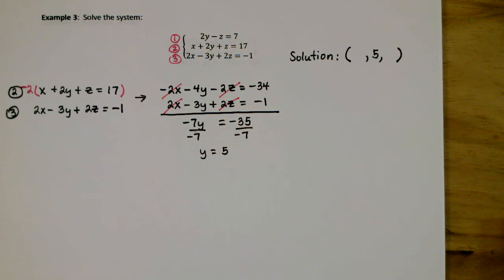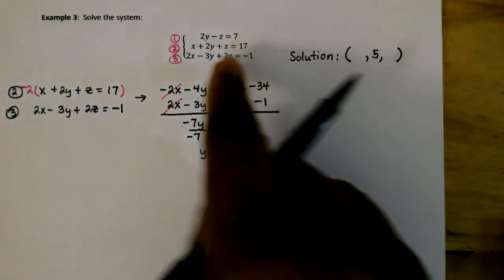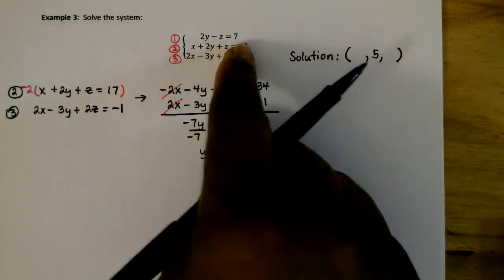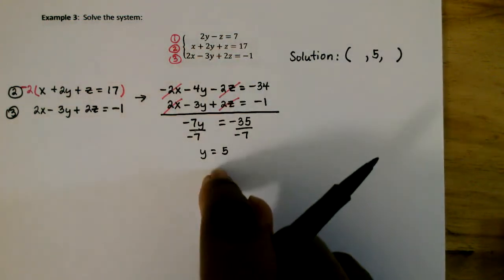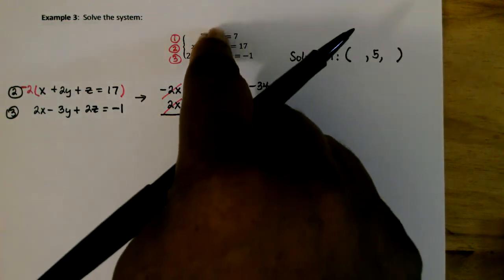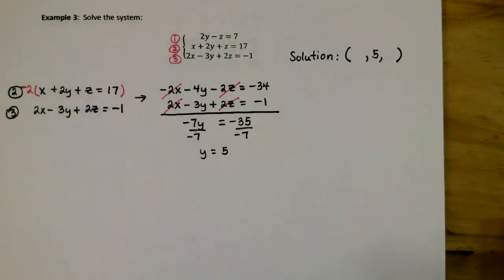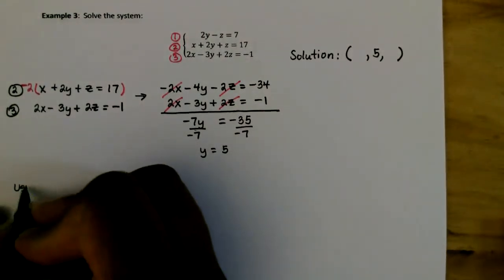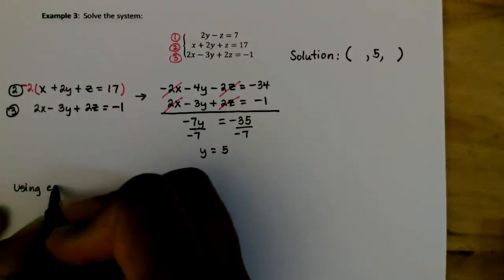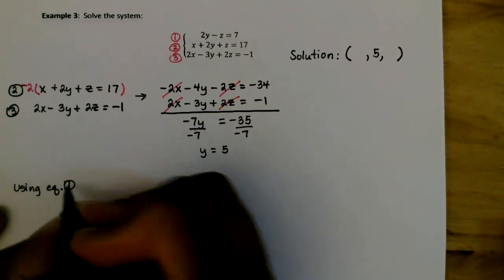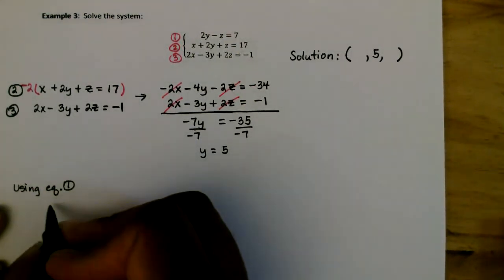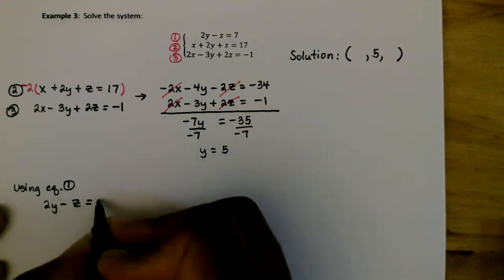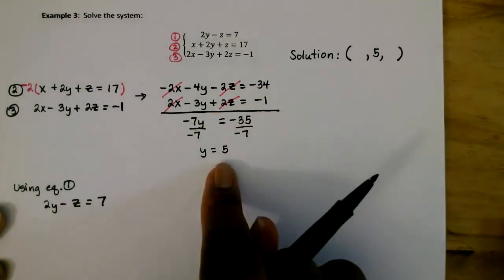Let's find out what z is going to be. Notice equation 1 is in terms of y and z, and I found out what y is. Let's find out what z is using equation number 1. Equation number 1 was 2y minus z is equal to 7. And y is equal to 5.